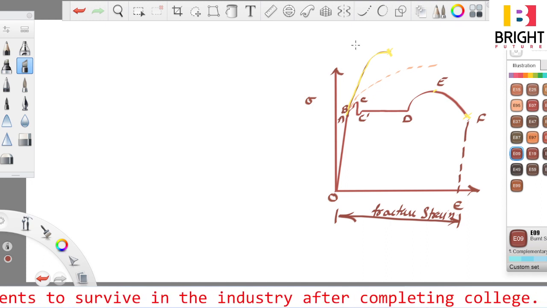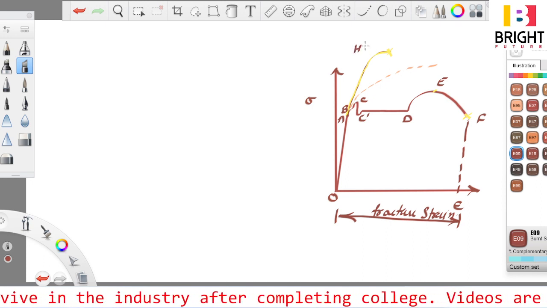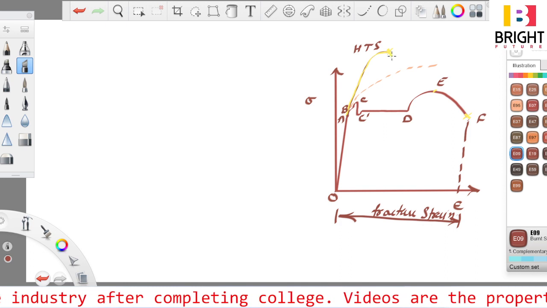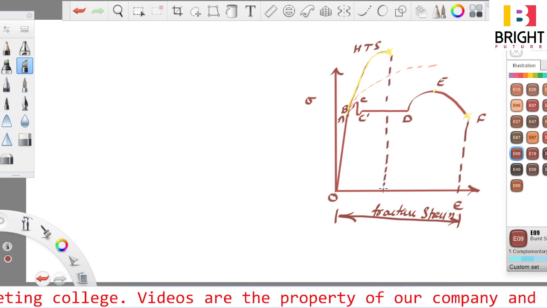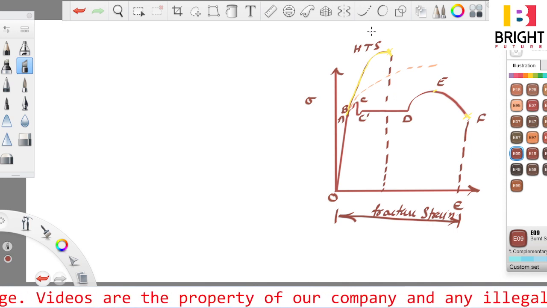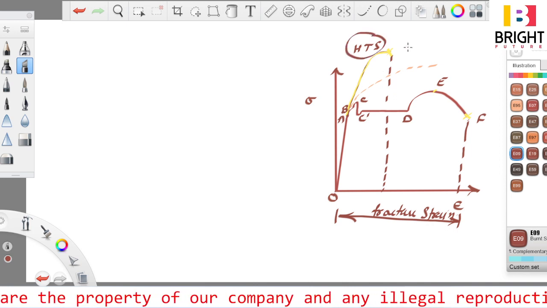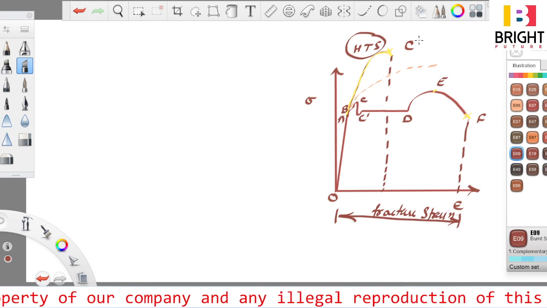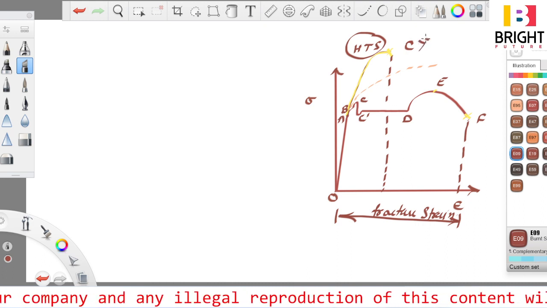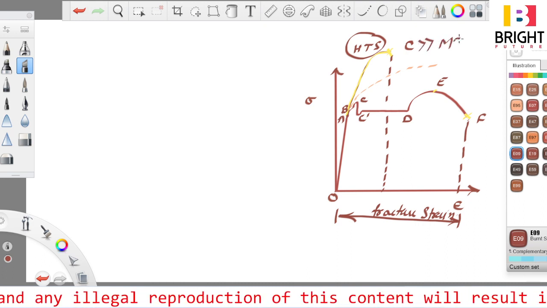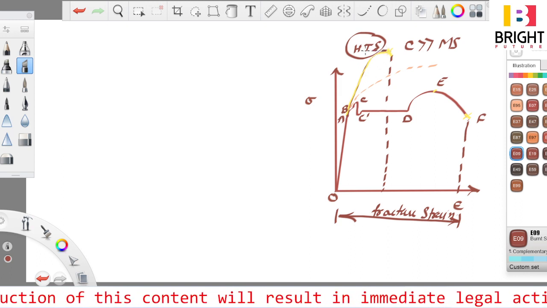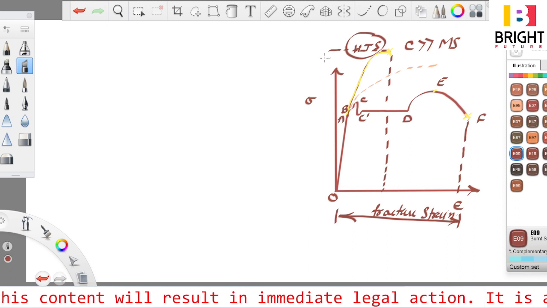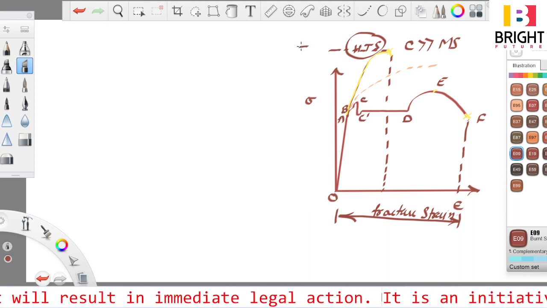But this is high tensile steel, and here you can see that this high tensile steel has a carbon percentage greater than mild steel, but at the same time the stress is more.